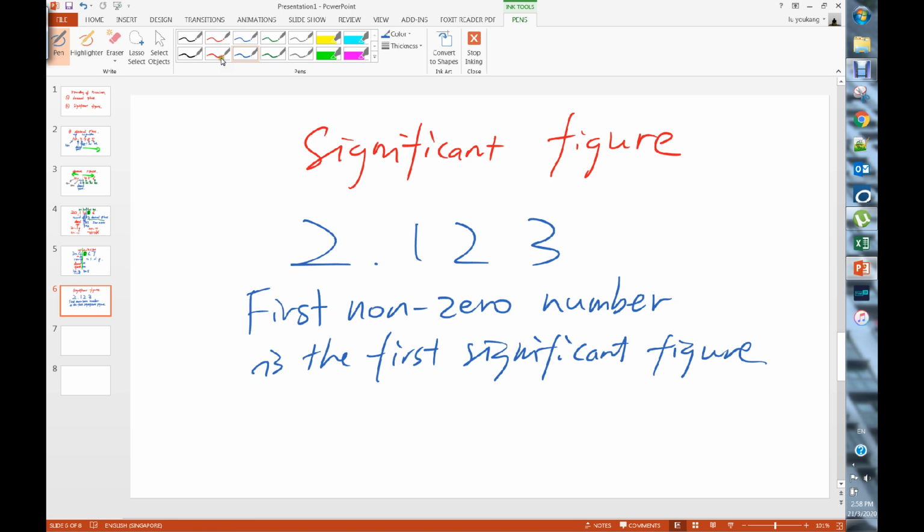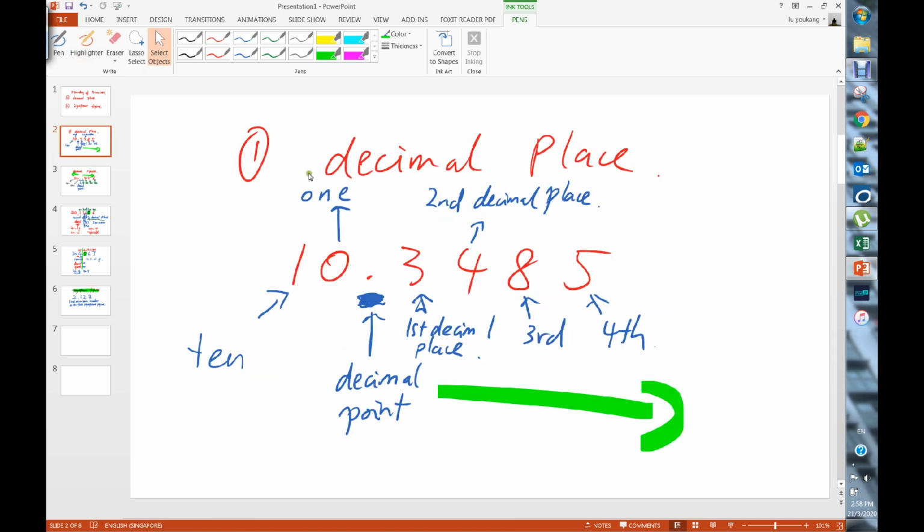Okay. So, can I ask? When you go to first, second, third, I'm talking about what here? I'm talking about significant figure here. Okay? I'm not talking about decimal place. If I talk about decimal place, you need to first identify where is your decimal point first.